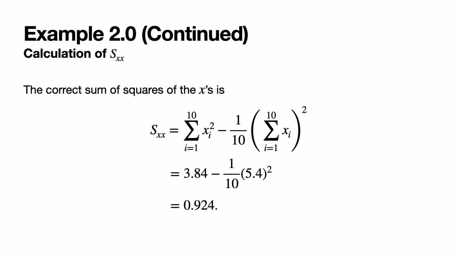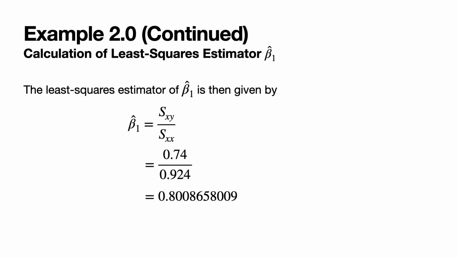We plug in the sum of the squared x values, the value for n, which is 10, and the sum of the x's, and we get a value for S sub xx of 0.924. Once we have those values, we have all we need to calculate the least squares estimator of beta 1 hat, and that turns out to be 0.8008658009.